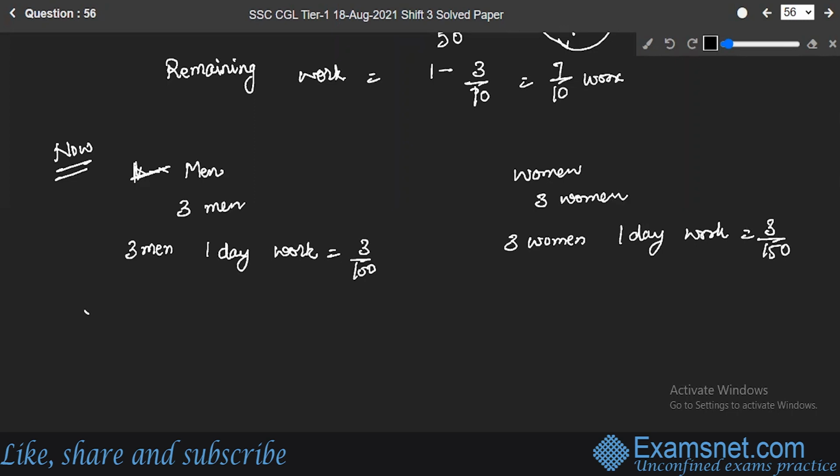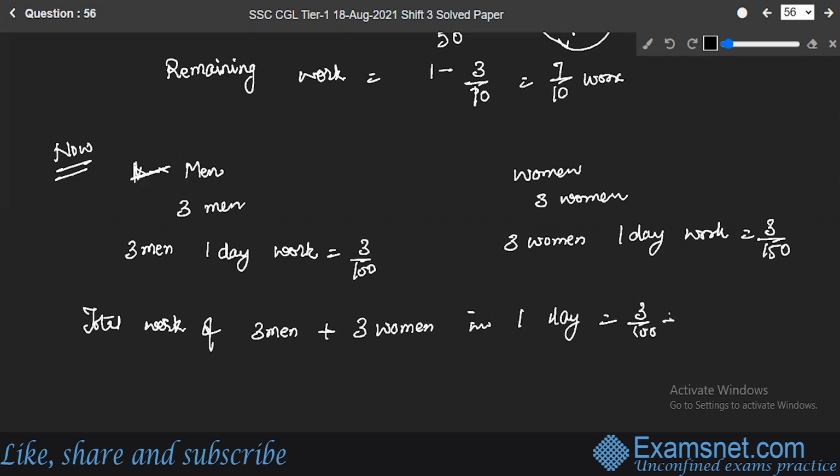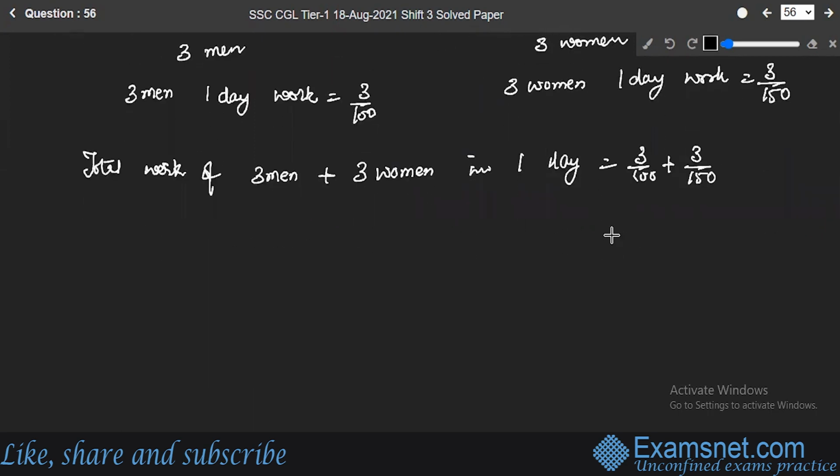Total work of 3 men and 3 women in 1 day is equal to 3 by 100 plus 3 by 150, which you will solve. 150 will be the LCM. No, sorry, it will be 300, not 150.